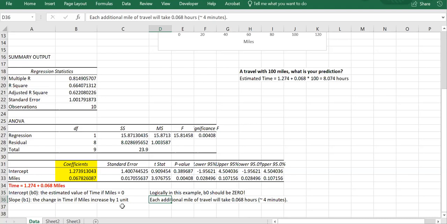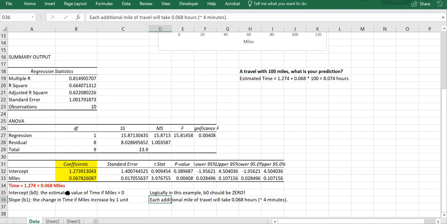The reason is because we may have other factors that are not included in this regression. We may have, let's say, the number of assignments, the number of deliveries, basically the number of parcels, for example, that they're going to deliver to different customers.